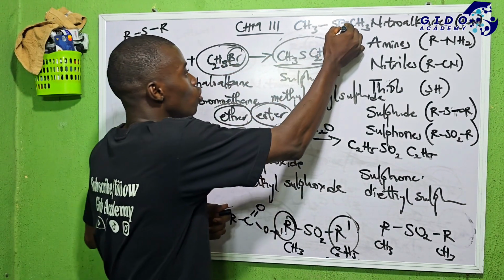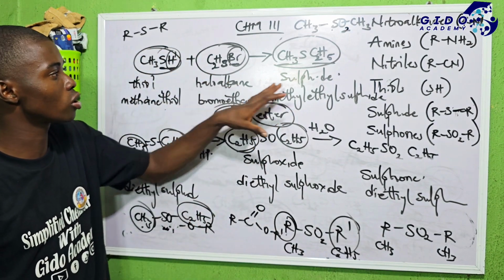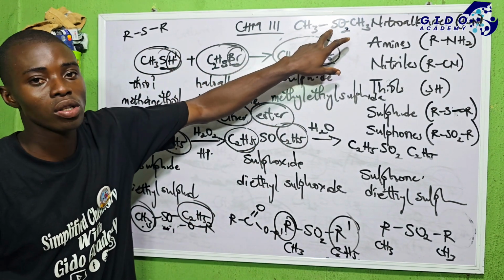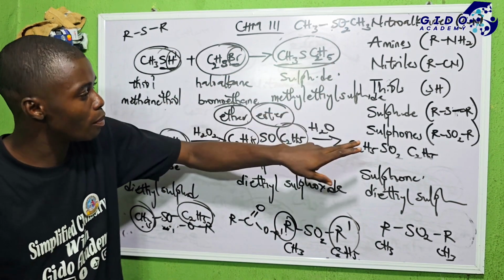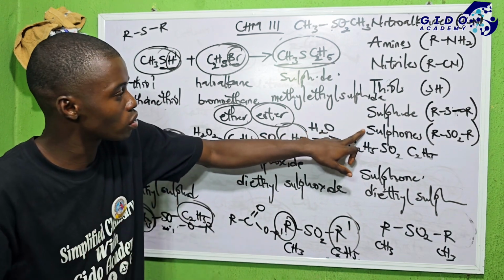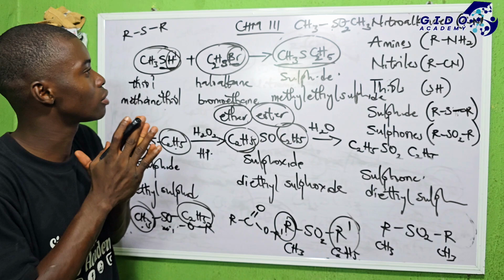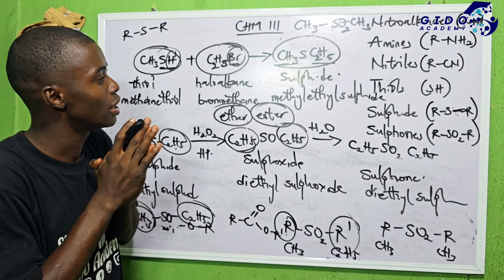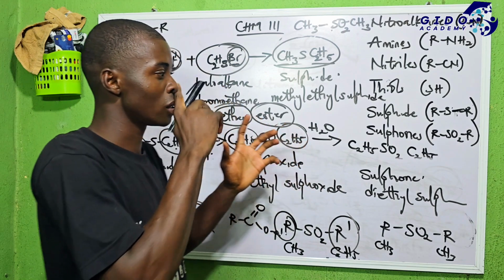And if I put 2 oxygens here, for the complete oxidation, it is going to give us dimethyl sulfone. So please take notes. In between the sulfide we have sulfoxide, then after the sulfoxide we have sulphones. So this is a general overview of what nitroalkane, amine, nitrile, thiol, sulphide, sulfoxide, and sulphone is all about.